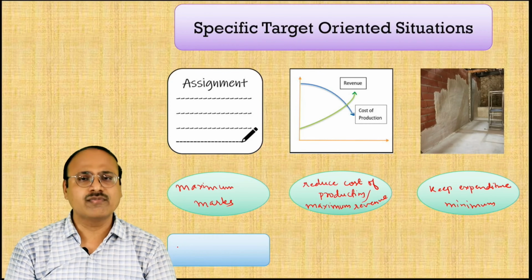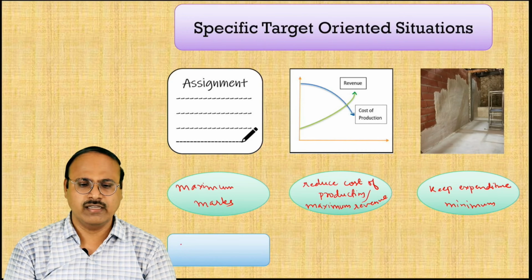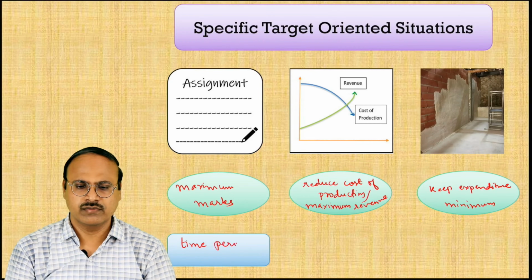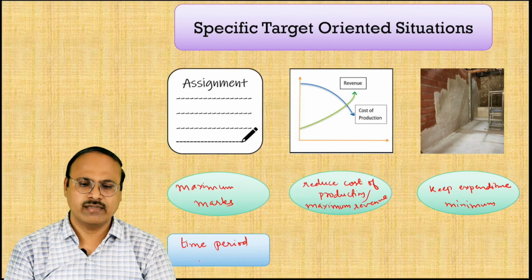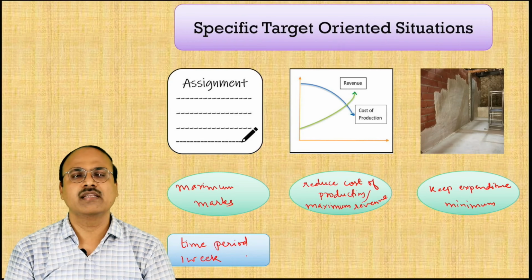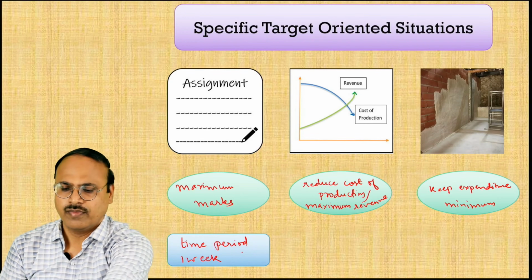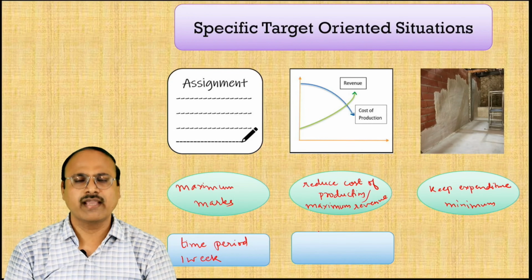So in the example of a student, what is the constraint? It is the time period of submission. It can be, for example, 1 week. You have to submit the assignment in 1 week. In case of a company, what can be the constraints or conditions?